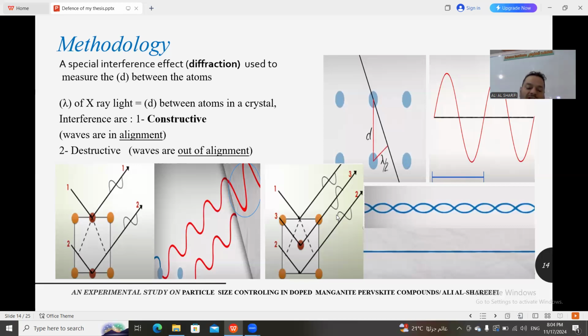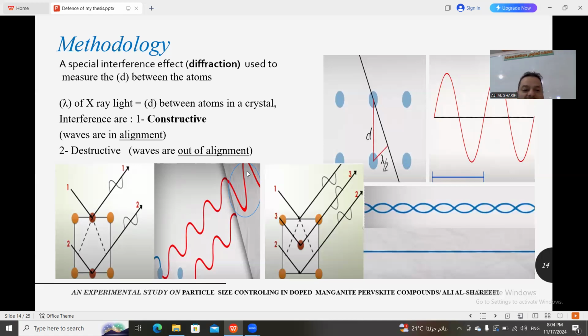Let me talk a little bit on them, to illustrate them. Constructive means these two waves are in the same alignment, so they will be added to make this wave bigger.